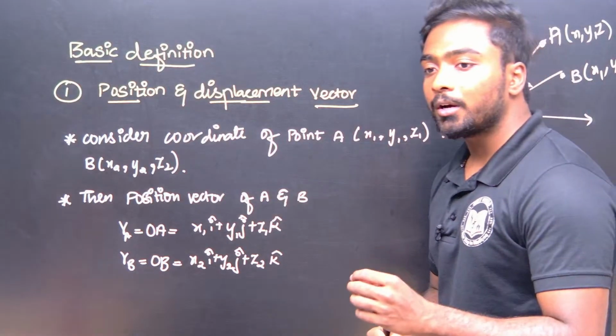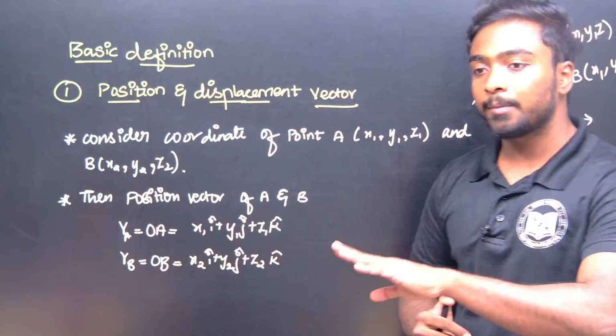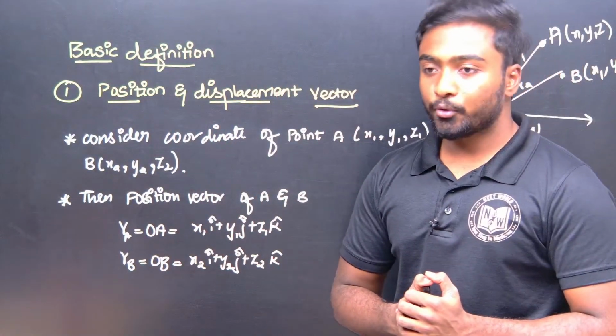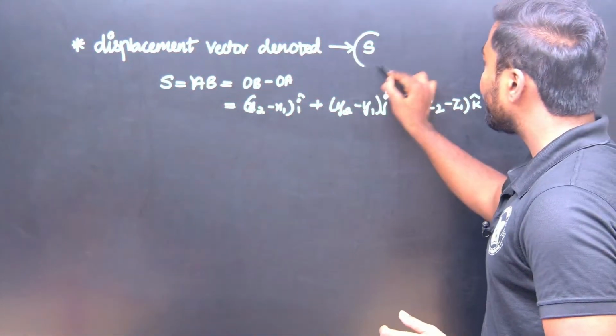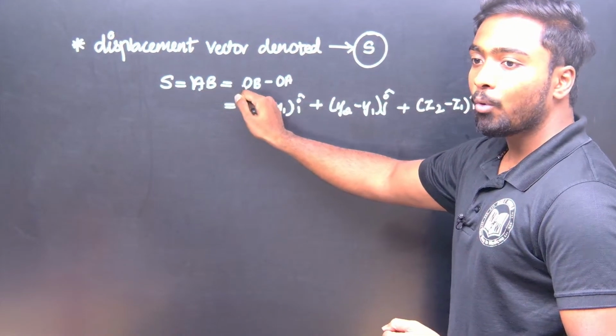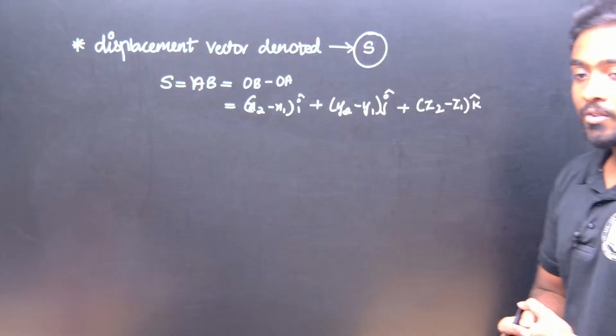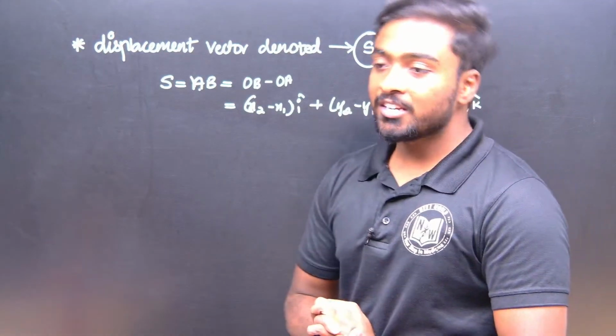When I talk about displacement, displacement is nothing but change in position. How do we take the change in position? Final position minus initial position. The displacement vector is denoted by the letter S. So displacement AB is nothing but OB minus OA. OB is the final position, OA is the initial position.